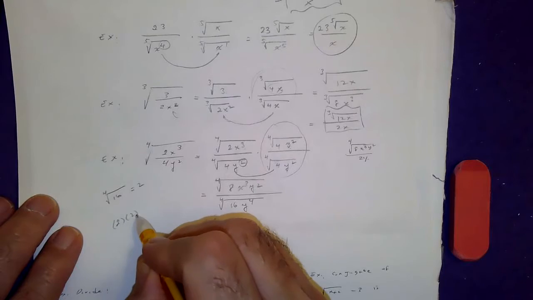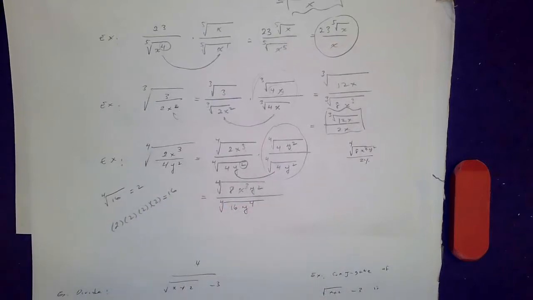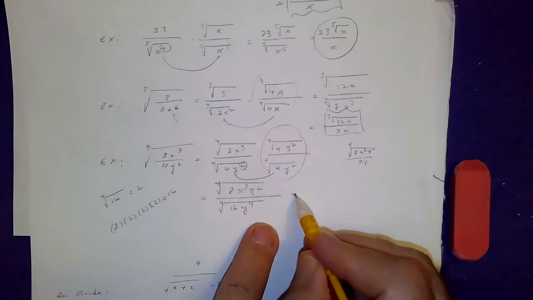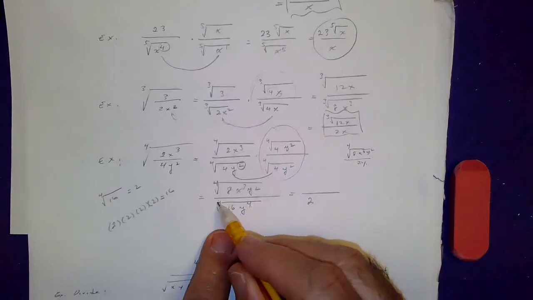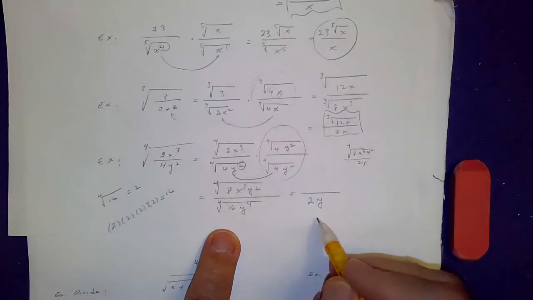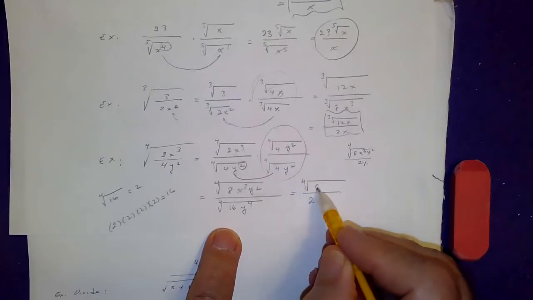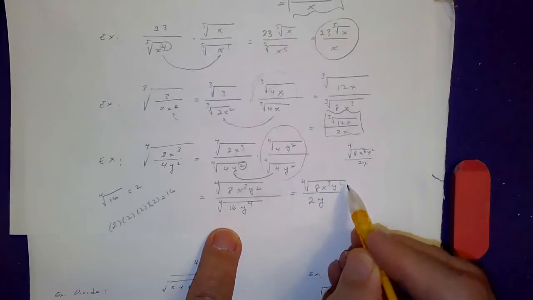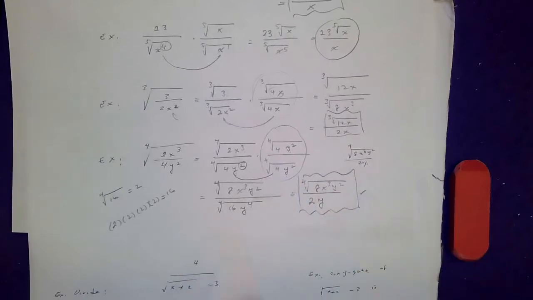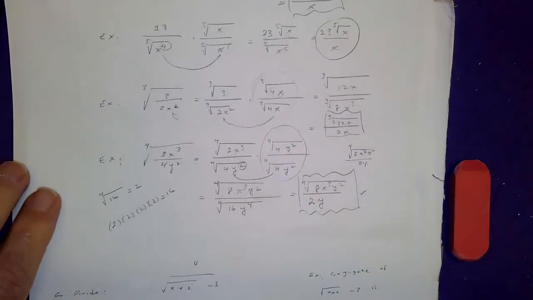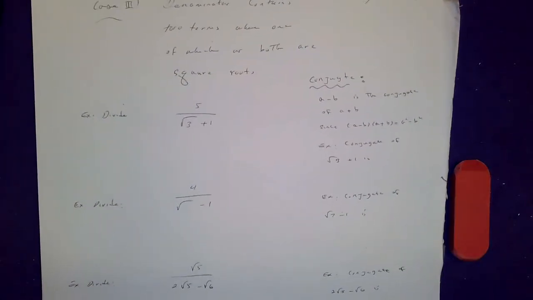Because 2 times itself 4 times gives you 16. So therefore, the answer at the bottom is what? 2. And 4 goes into 4 once, so y pops out of the radical sign. So the final answer is the 4th root of 8x cubed y squared divided by what? 2y. Final answer.